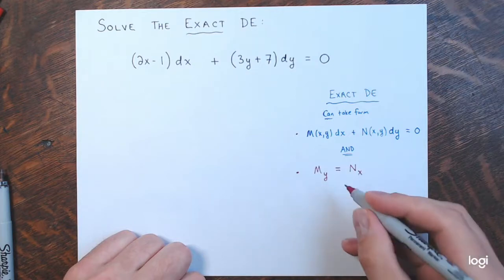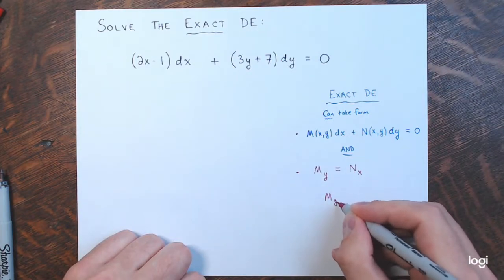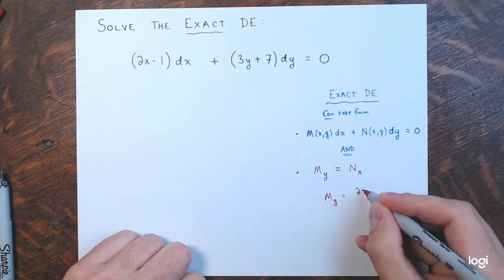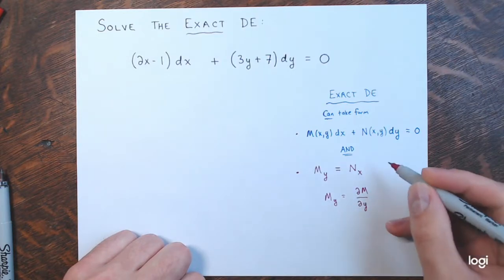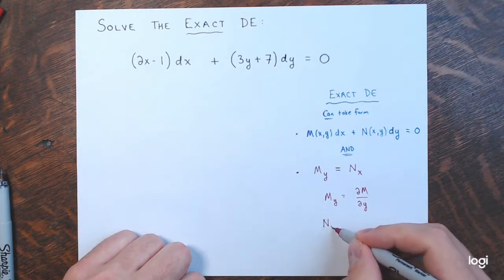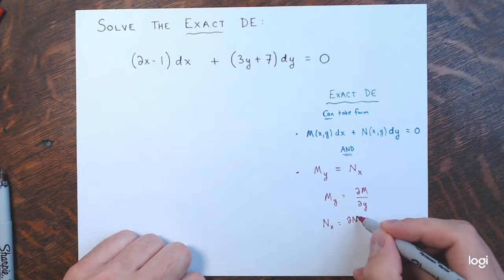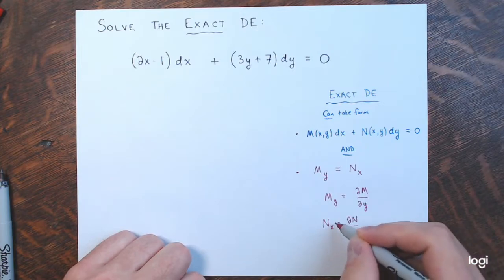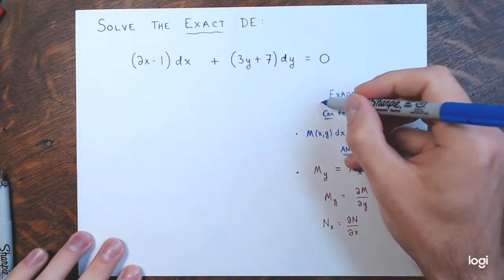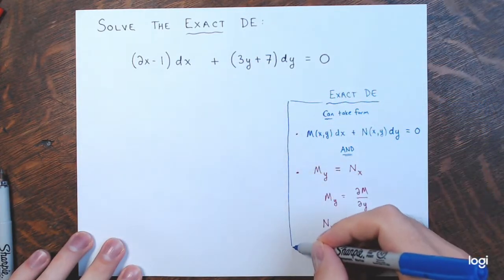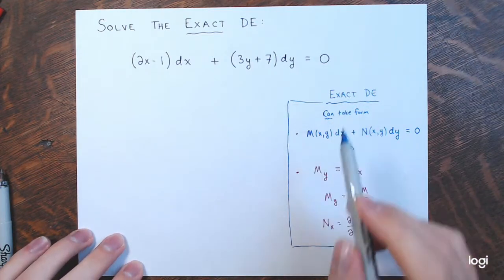Hopefully you remember what these symbols mean, right? This m sub y here is the partial derivative of m with respect to y, and this n sub x, right, is the partial of n with respect to x, right? Just shorter notation for partial derivatives. Okay. So let's see what happens here. But all this needs to happen for you to have a differential equation that's considered exact.